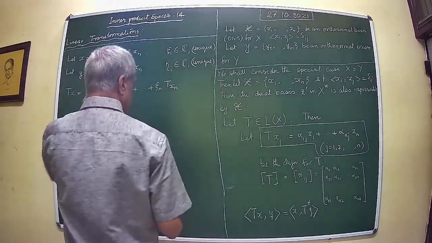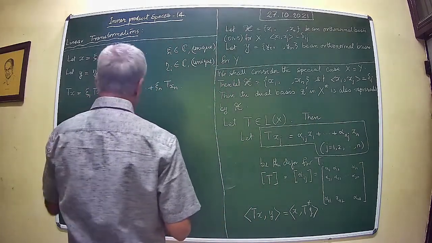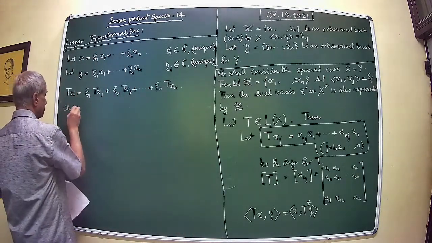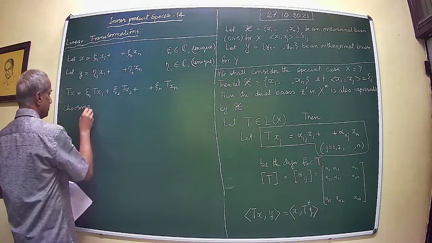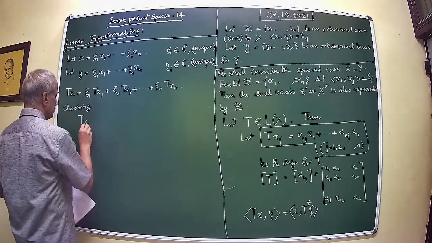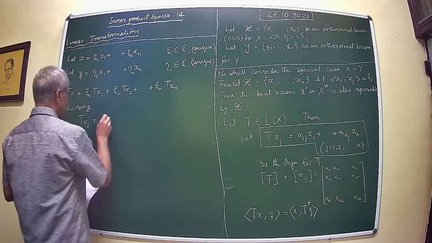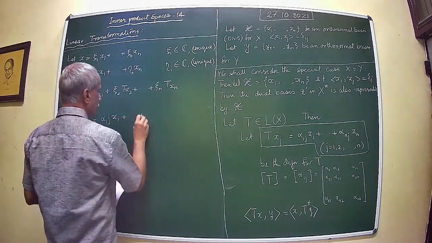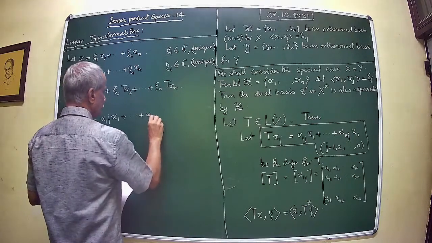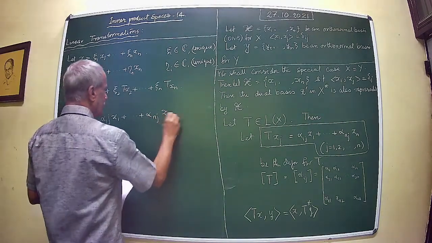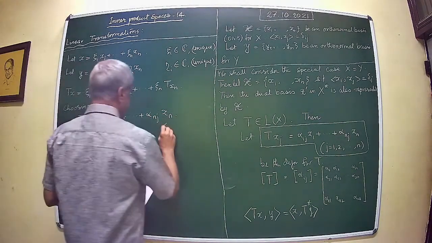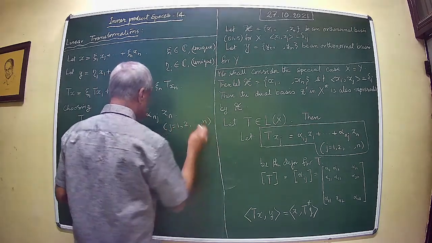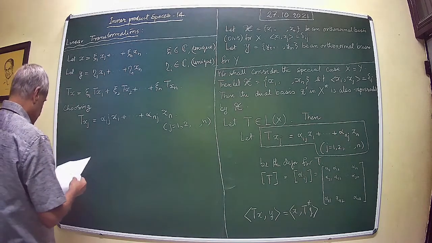Therefore, substituting for j equal to 1 to n, this is what you get.